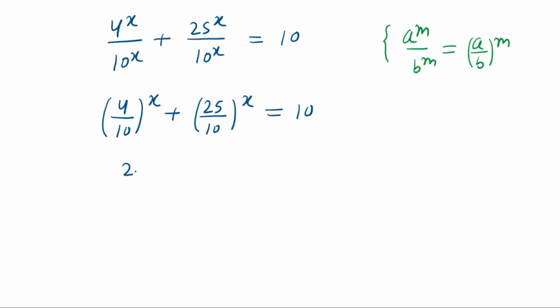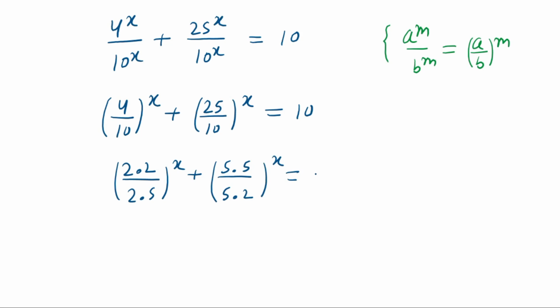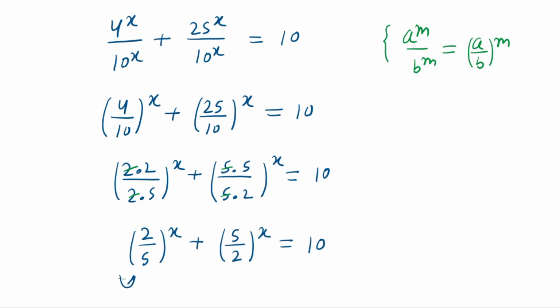Here this 4 is 2 times 2, divided by this 10 is 2 times 5, bracket power x, plus this 25 is 5 times 5, and this 10 is 5 times 2, bracket power x, equal to 10. Here this 2 and this 2 cancel out, and this 5 and this 5 cancel out. In the left hand side, 2 over 5 bracket power x plus 5 over 2 bracket power x is equal to 10. Now first we will write this expression on the next page.